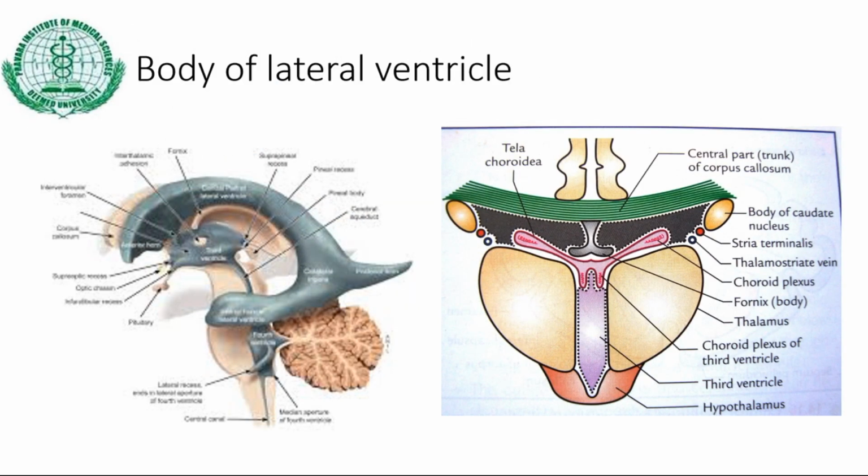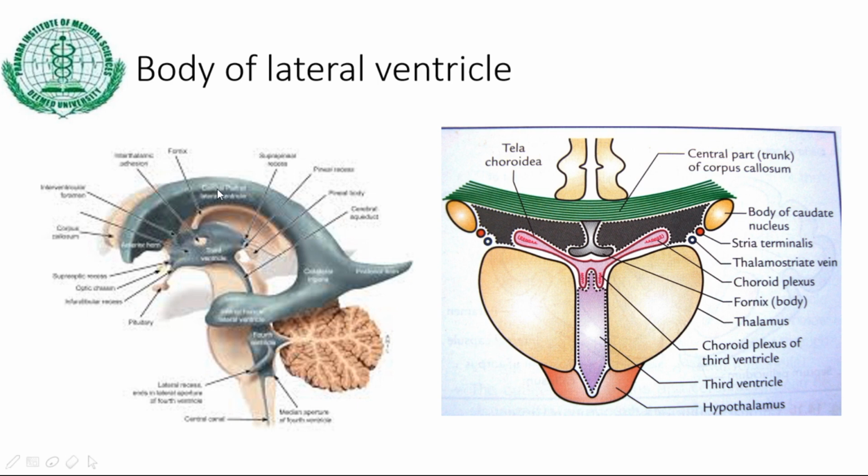Moving on to the relations of each and every part of the lateral ventricle. First we'll see the central part or the body of the lateral ventricle. When you see it, it is elongated anteroposteriorly, and in a cross section it is seen as a triangular area.